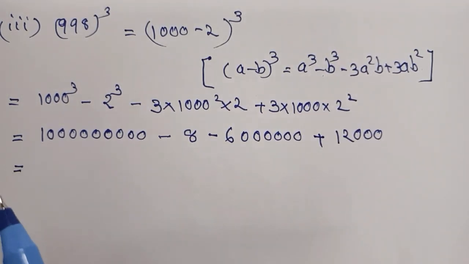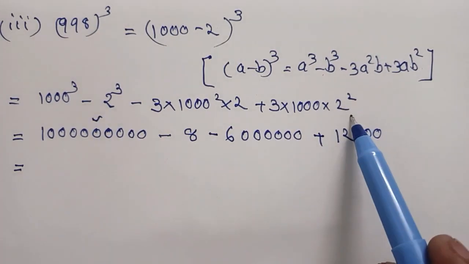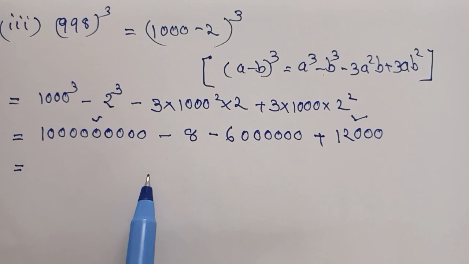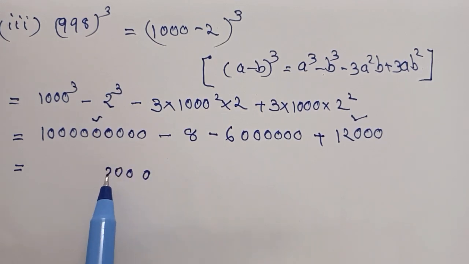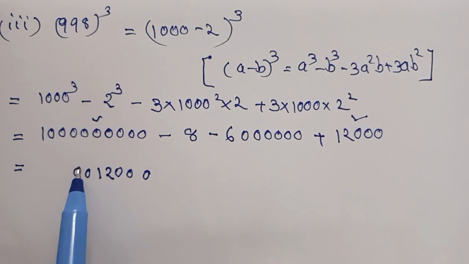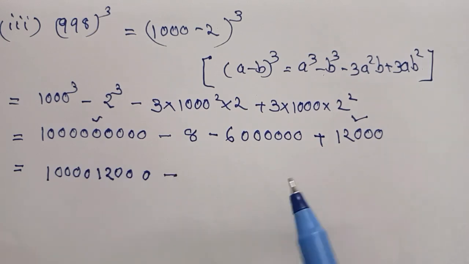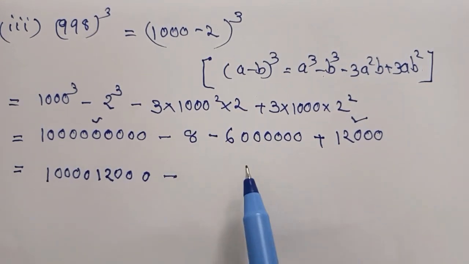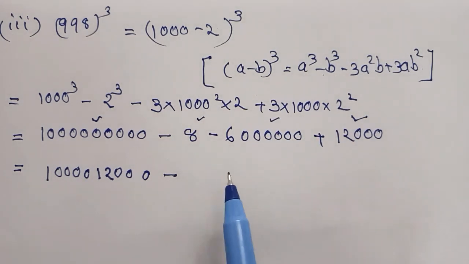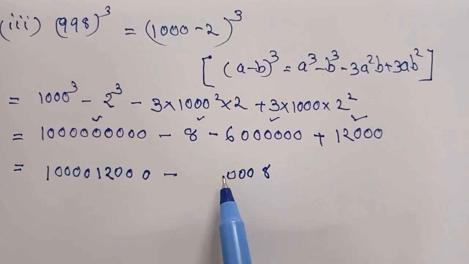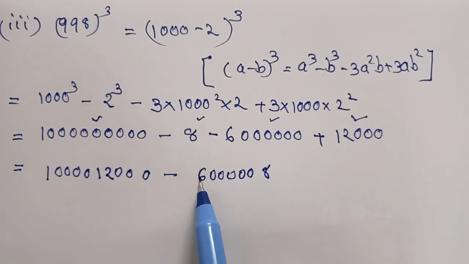Now collecting like terms, the first one and the last one have the same sign, plus. By adding these two numbers we get 1, 0, 0, 0, 0, 0, 0, 0, 1, 2, 0, 0, 0, isn't it? Minus, adding these two, collecting like terms we get minus 8 and minus, this one gives minus 8, 0, how many zeros? 5 zeros, 2, 3, 4, 5 zeros, then 6.